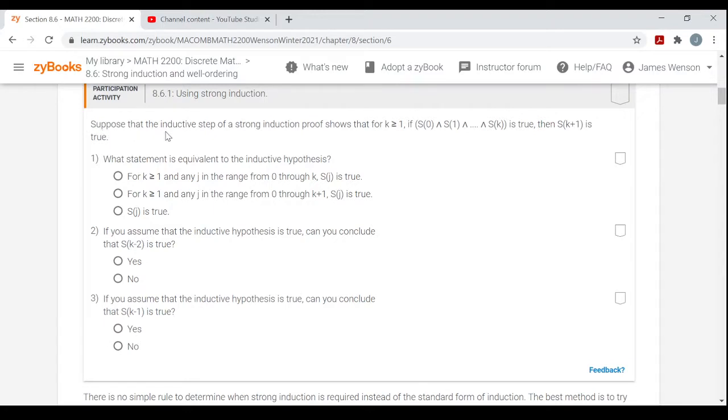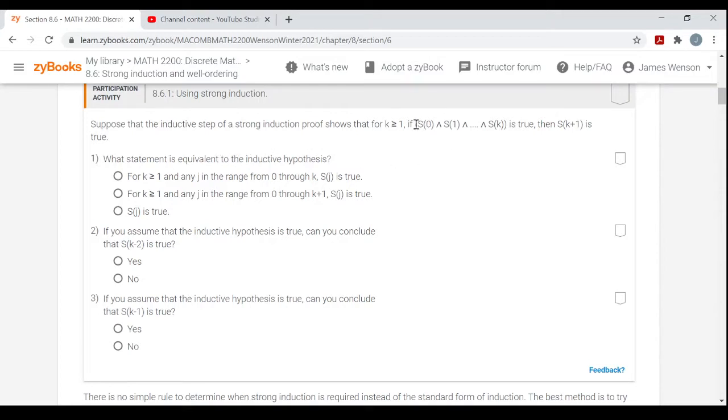So here, suppose that the inductive step of a strong induction proof shows that for k greater than or equal to 1, if S is true for 0 and 1 and 2 and all the way up to k, then S of k plus 1 is true. So what statement is equivalent to the inductive hypothesis?